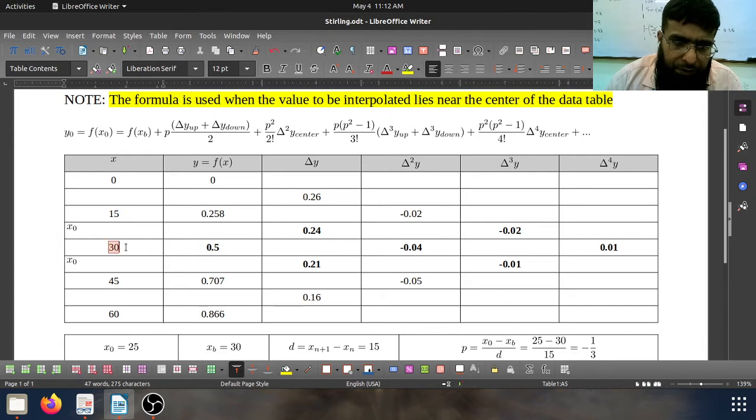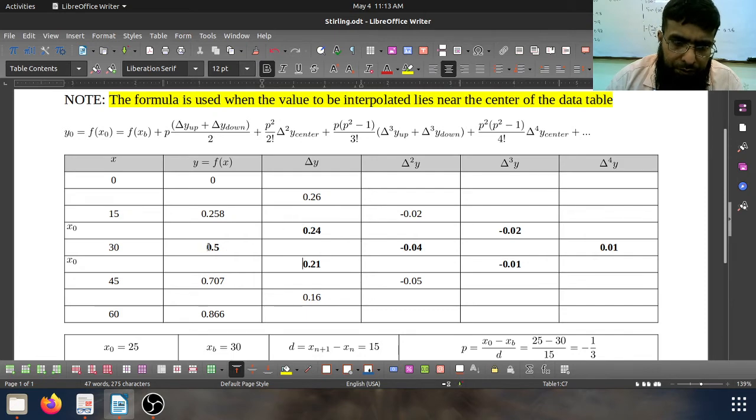For example, if this is xb and this is yb, the y base, we start with y base, and p is multiplied with the sum of del y up and del y down. This is del y up, this is del y down.